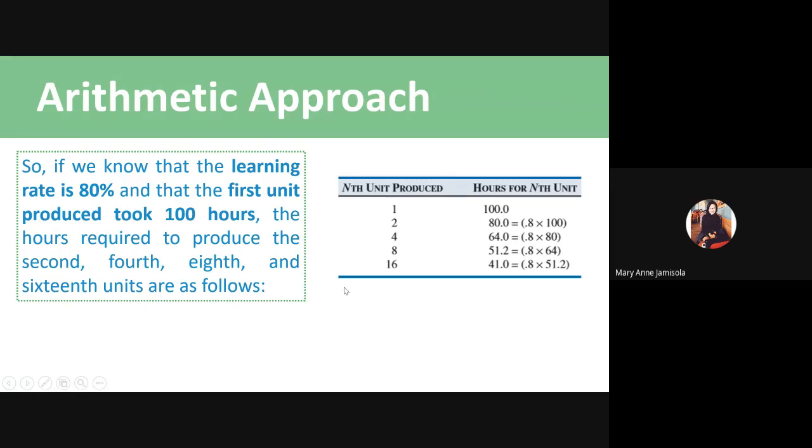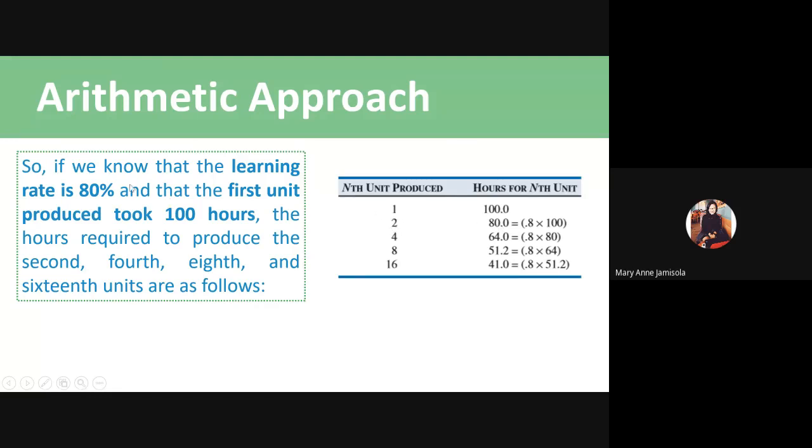So we can either do it manually like this in the table, or we can also use our formula a while ago, nga T times L to the power of n. If we do it manually like this, we can see that when we produce the first unit, we were able to consume 100 hours. When we double the unit, it becomes 2.